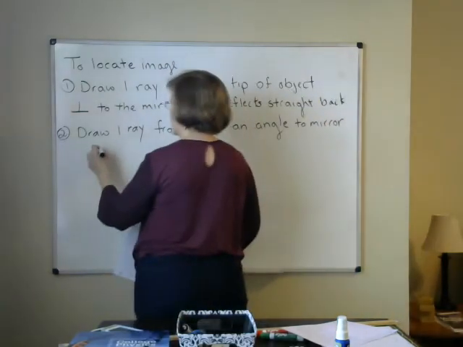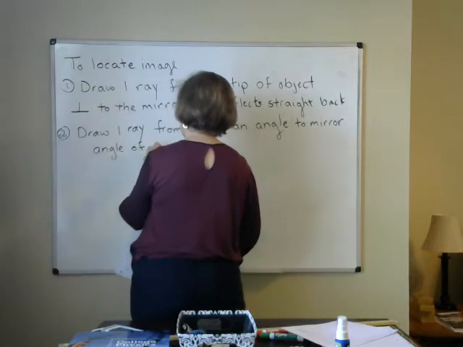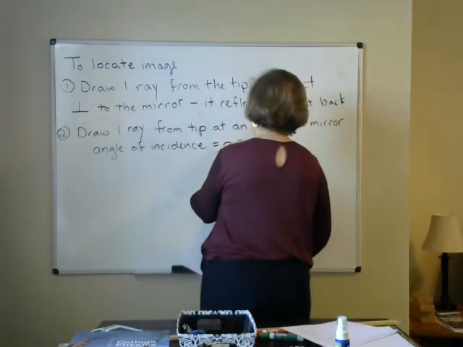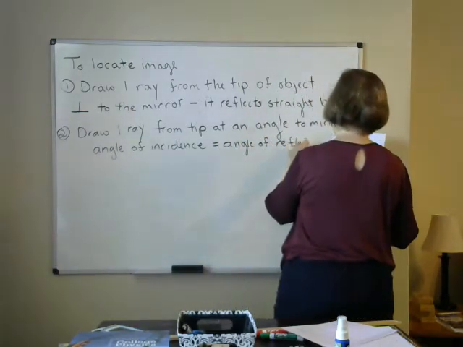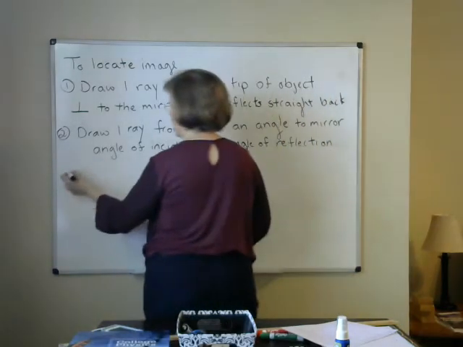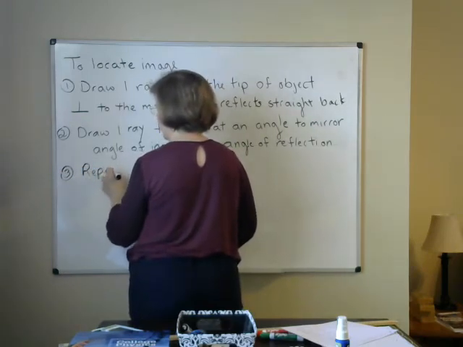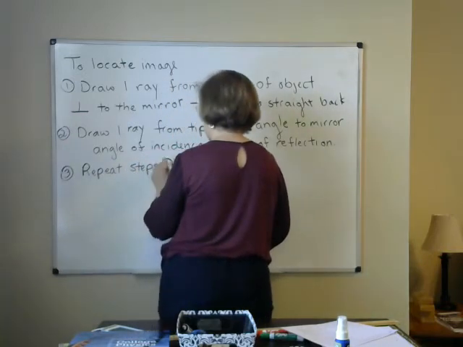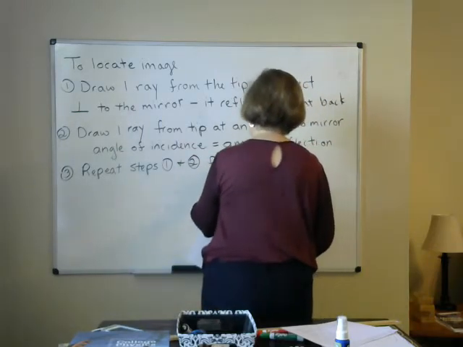The angle of incidence will equal the angle of reflection. Okay. Then you have to do the same thing for the base. Repeat steps 1 and 2 for the base of the object.